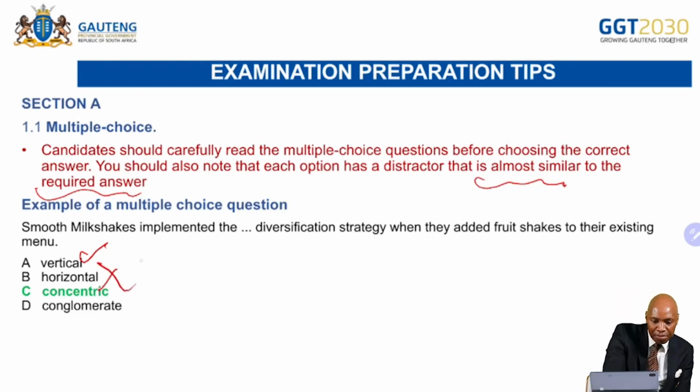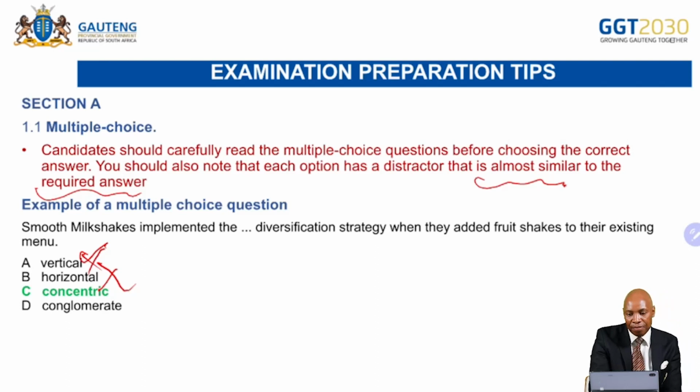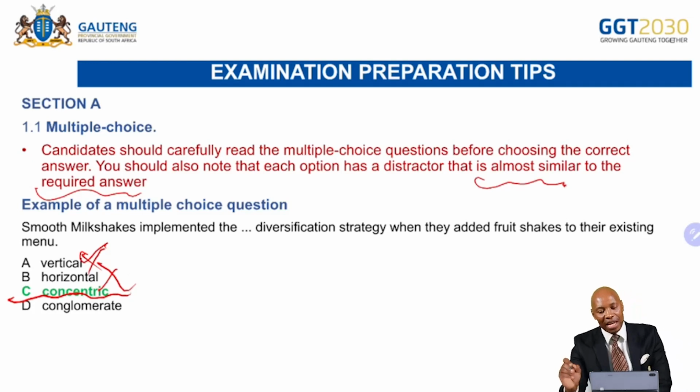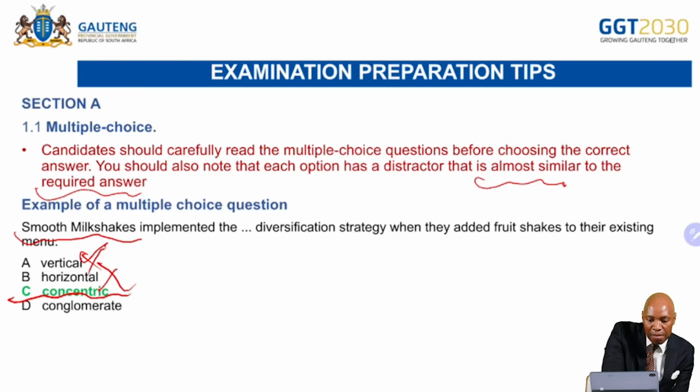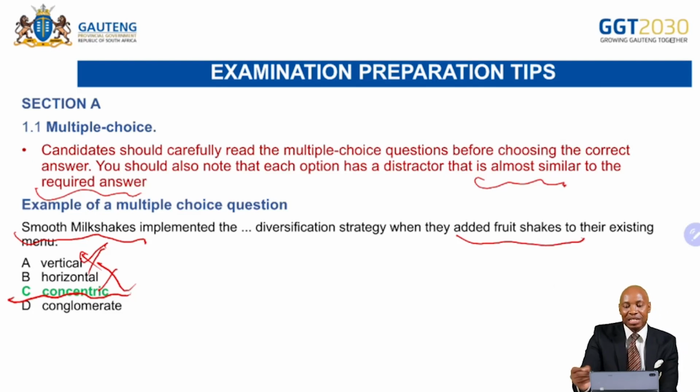Horizontal, it can be horizontal. Then it becomes your concentric diversification, because, this is smooth milkshake, what did they do? They added fruit shakes. You see, the product is related. Right, fine.